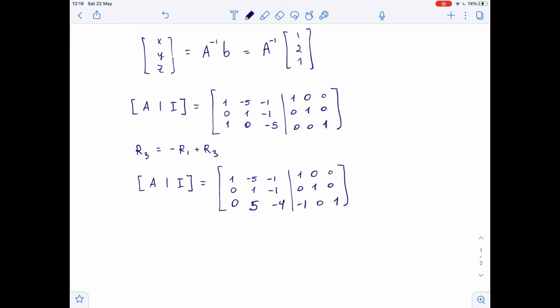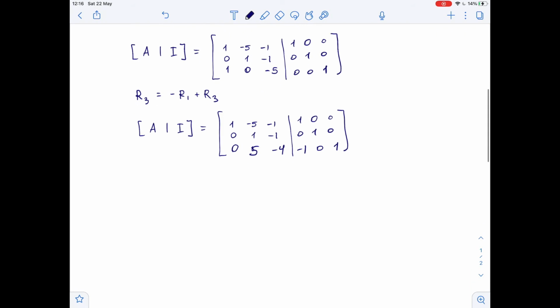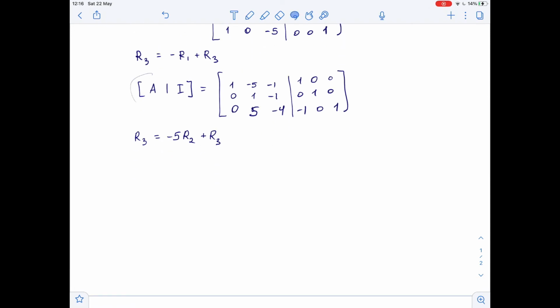Great. Next operation that we are going to do is substituting again row 3 with negative 5 multiplied by row 2 plus row 3. Let's see what our matrix will look like after this operation.